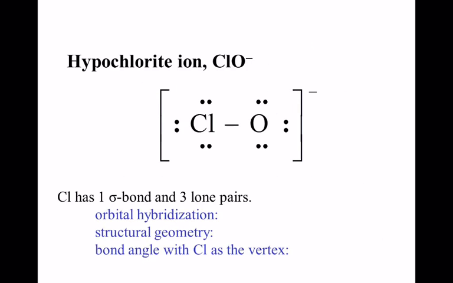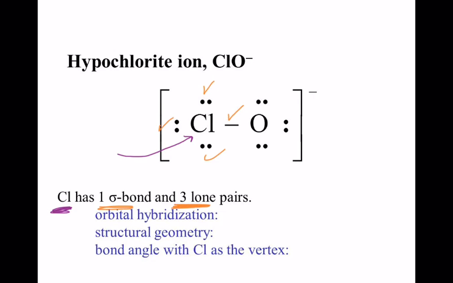Okay, one more, or maybe one more. So this one, this is where you're like, well, what's the central atom? There's only 2 atoms. I don't know, pick one. So tomorrow we'll kind of have to struggle with that a little bit. But in this case, we're picking on chlorine. So if you pick on chlorine, it says I got 1 sigma bond right there, and I have a whopping 3 pairs of lone pair electrons.